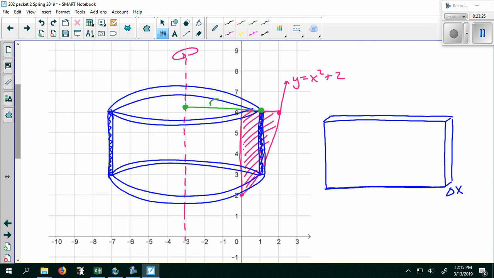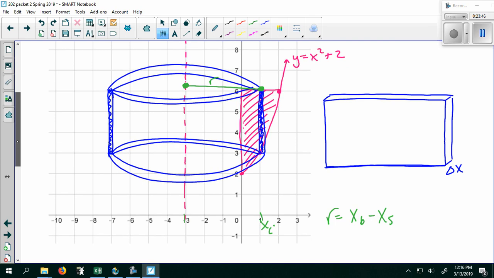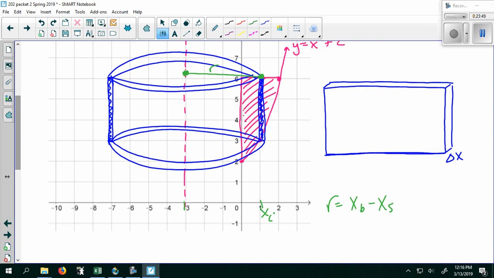So r is x bigger minus x smaller. And in this case, this x value was a randomly chosen x sub i along the x-axis, and this x value is -3. So my radius is x sub i minus -3.